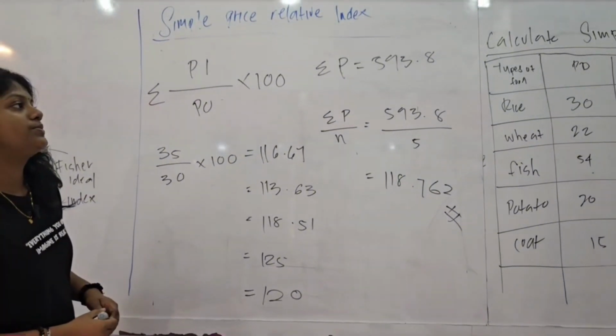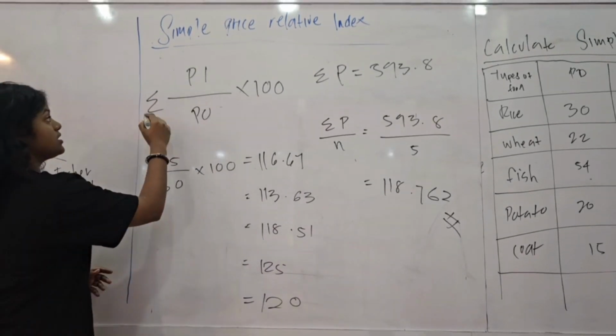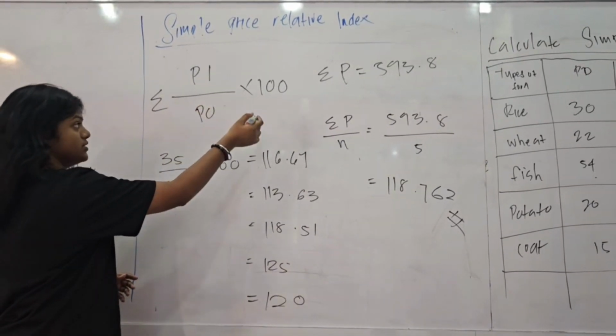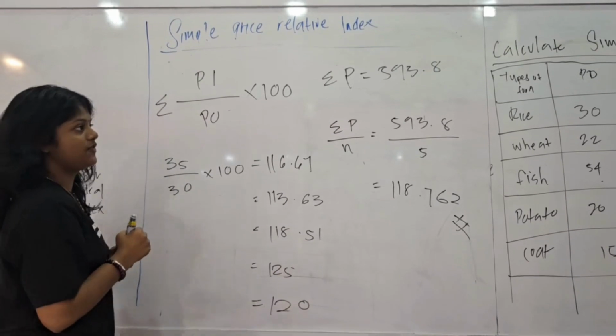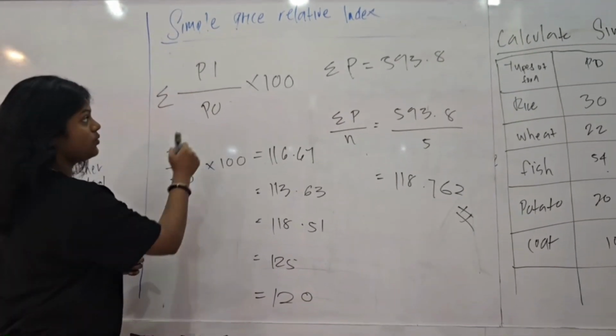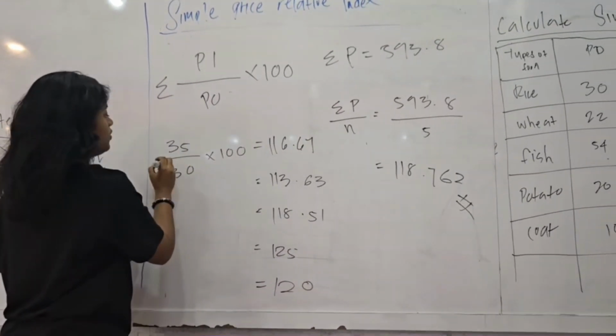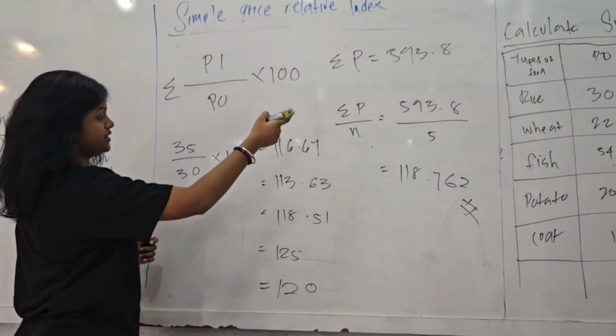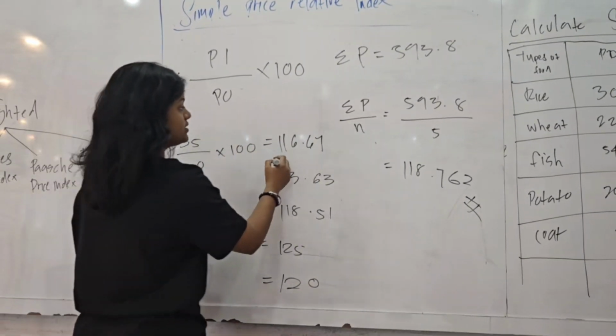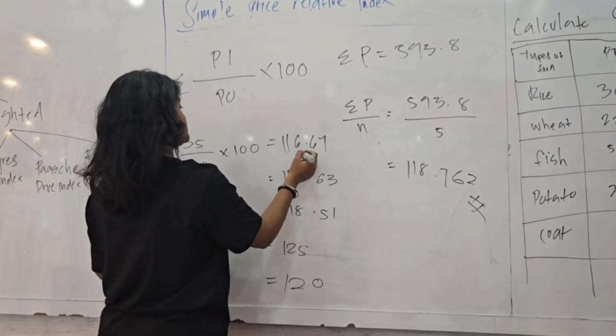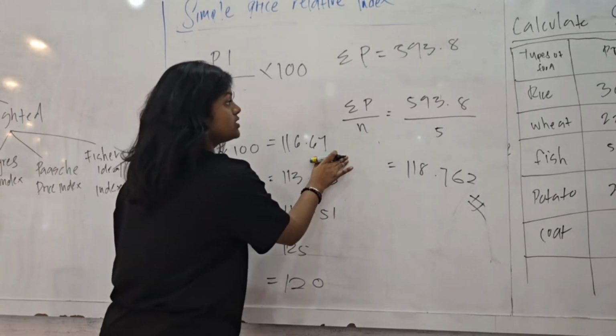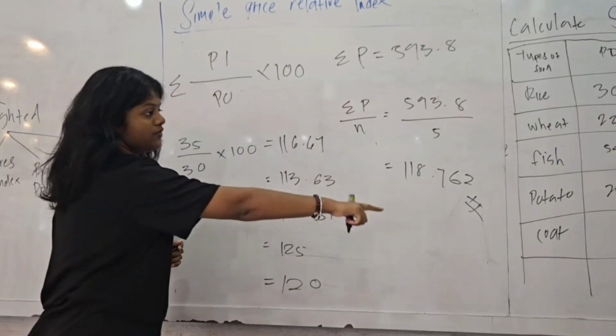The calculation of the simple price relative index. The method is the summation of P1 over P0 times 100. The first one is P1 is 35 over P0 30, times 100, and the answer is 116.67. So we have to calculate all of them.